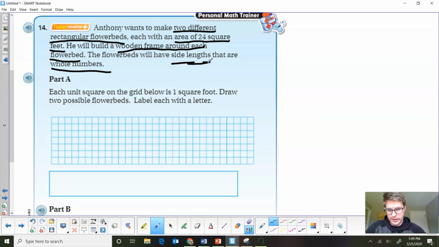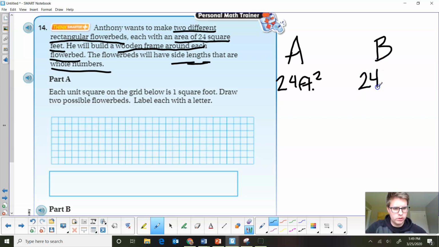All right, so what do we know? We know that flower bed A is what we'll call the first one. It's going to have an area of 24 square feet. And flower bed, why not just call it flower bed B? It's also going to have an area of 24 square feet.